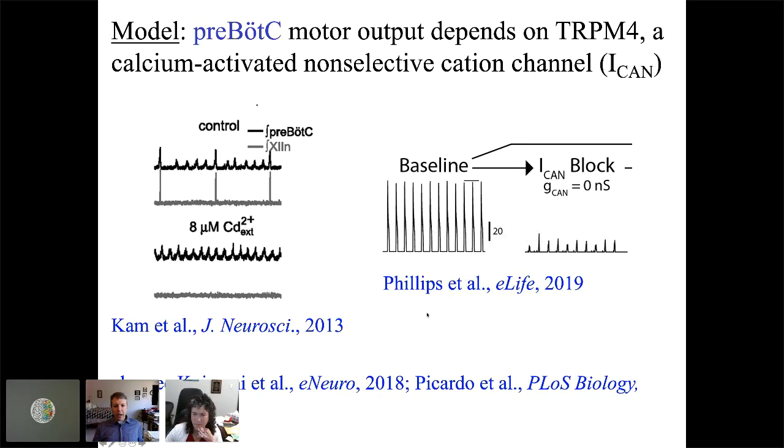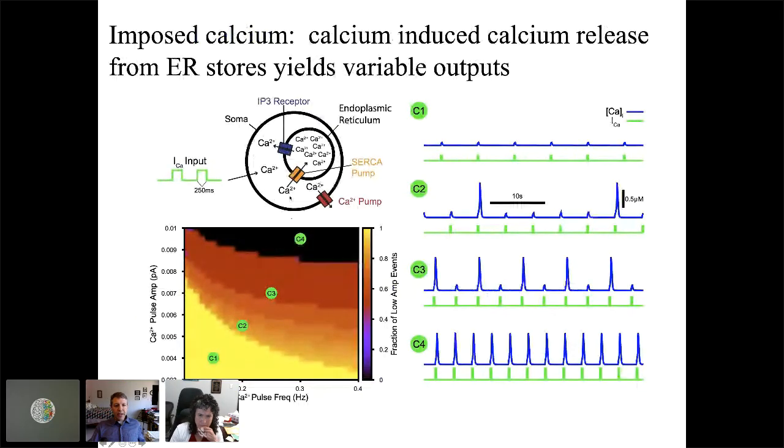Okay, so what we did in our current work is we built a fairly detailed model of pre-Botzinger complex neurons where we include a calcium-induced calcium release from internal stores.